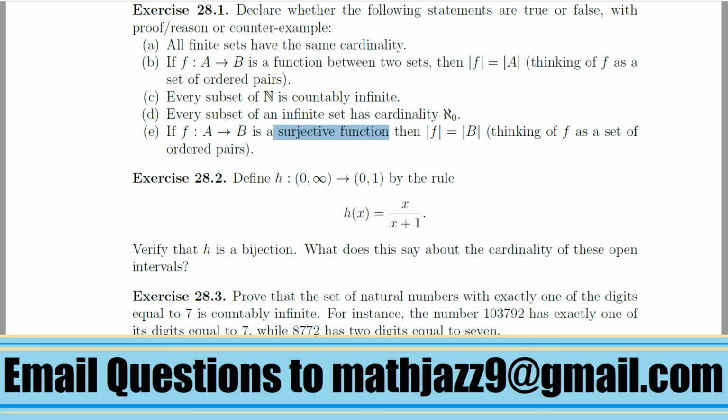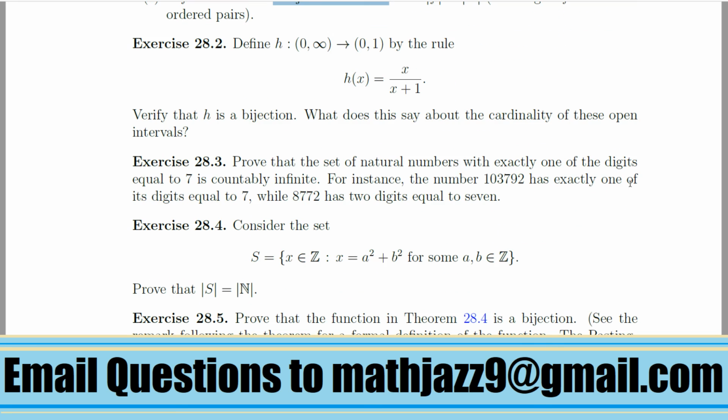Let's look back at our book. Okay, so define h from the interval from 0 to infinity to the interval from 0 to 1 by this. Verify h is a bijection. What does that say about the cardinality of open intervals? It says that it's the same cardinality. That's what this means. If we have a bijection, we have the same cardinality.